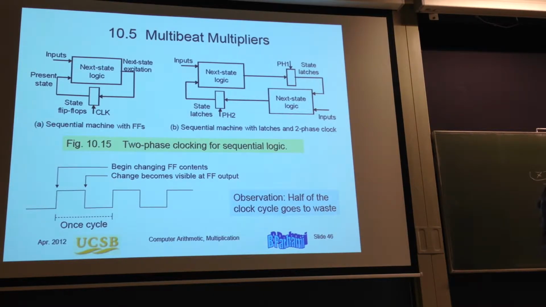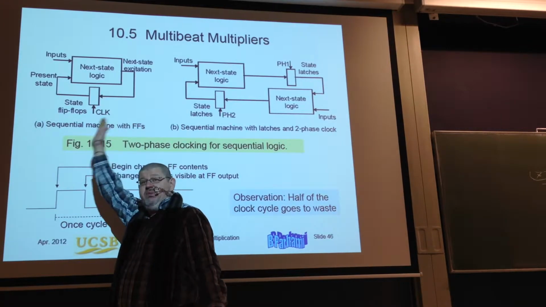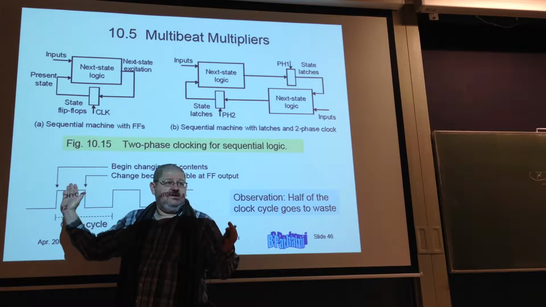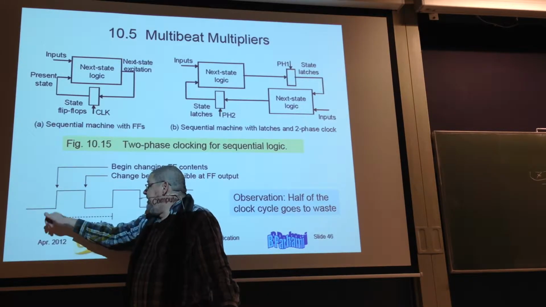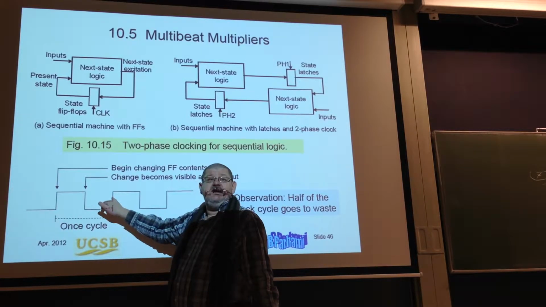That's the principle of the master-slave flip-flop. This is a normal flip-flop. Whenever you have input, you sample it on the rising or on the falling edge of the clock. Then if you sample it on the rising edge, nothing will happen until the next one.